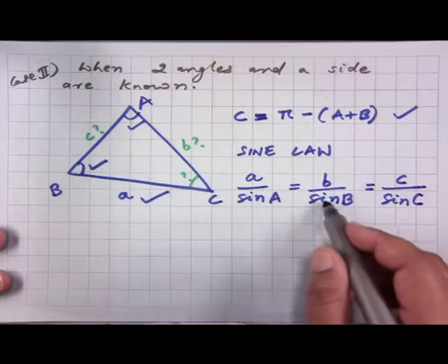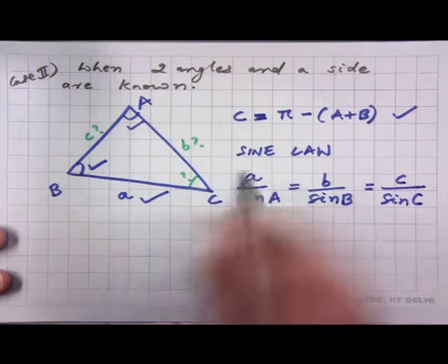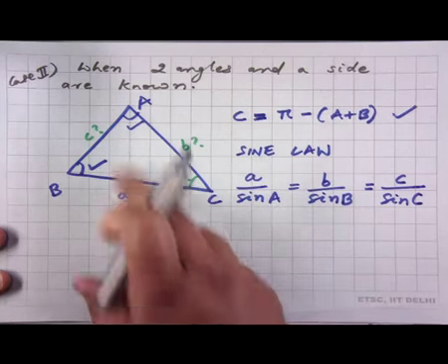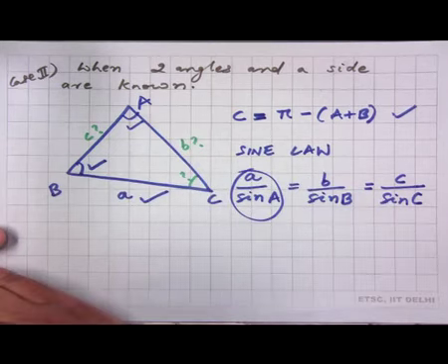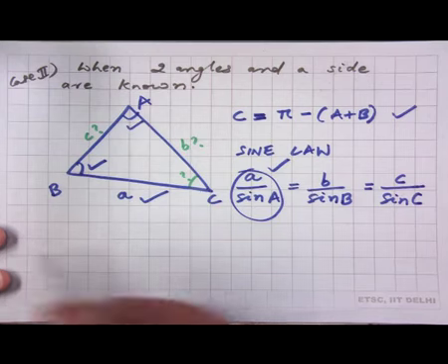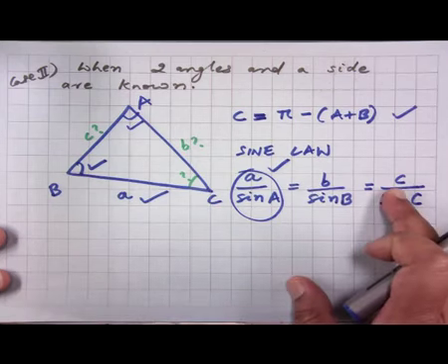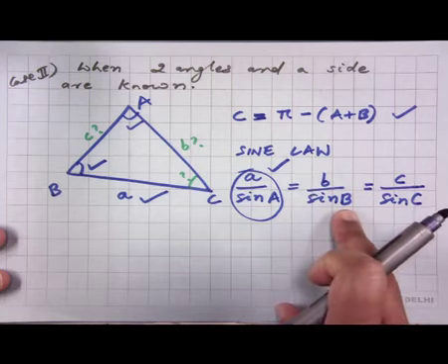Now, from this we see that we know a, we also know angle A, therefore this ratio is known to us, and therefore finding b and c should be easy, because we also know the values of angles B and C.